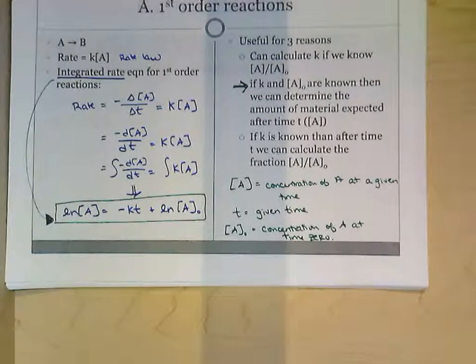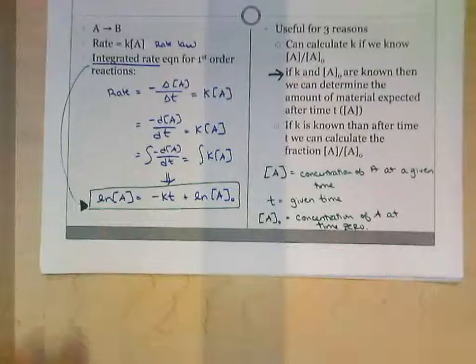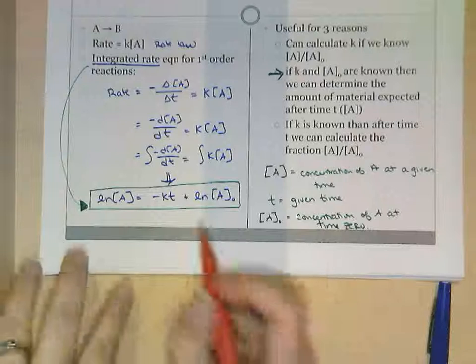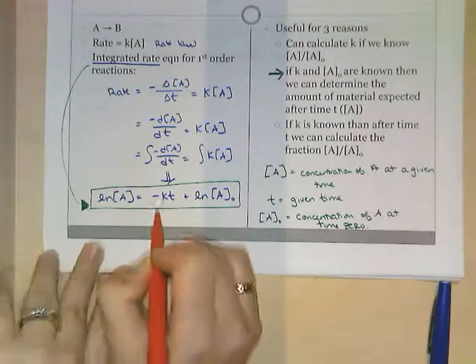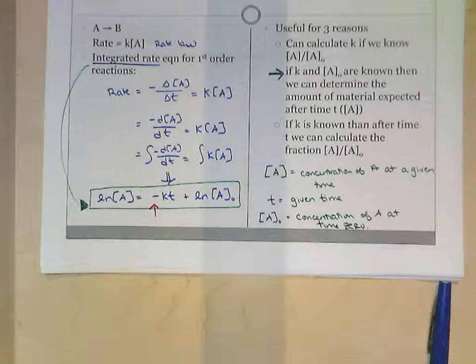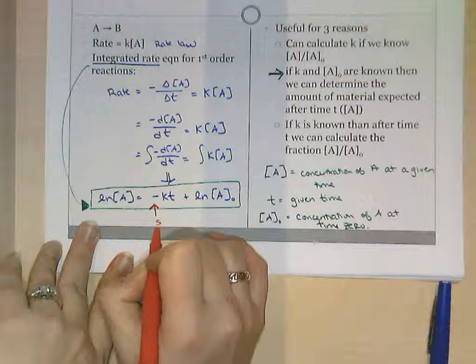Fun fact before I get too distracted, because next we're going to graph. Oh, I'm so excited. Graph this. This negative sign here, that negative right there, what would you predict?